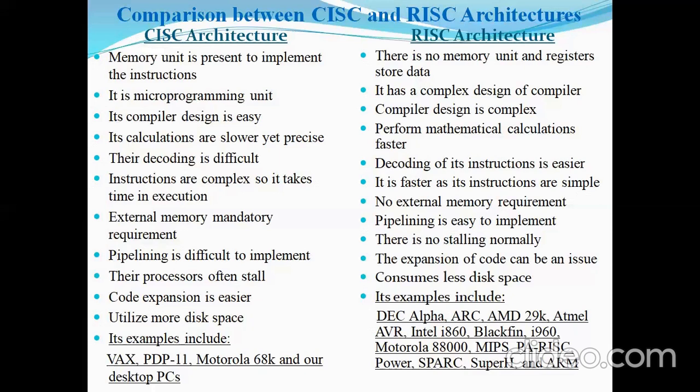Whereas the examples of the RISC architectures include DEC Alpha, ARC, AMD 29K, Atmel AVR, Intel i860, Blackfin, i960, Motorola 88000, MIPS, PA-RISC, Power, SPARC, SuperH, and ARM.